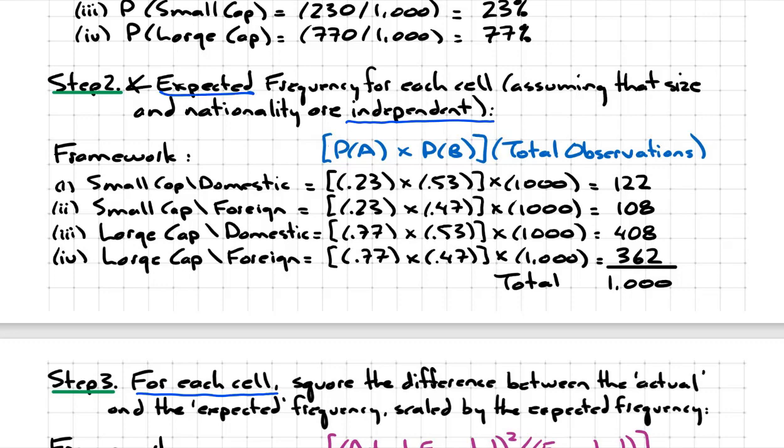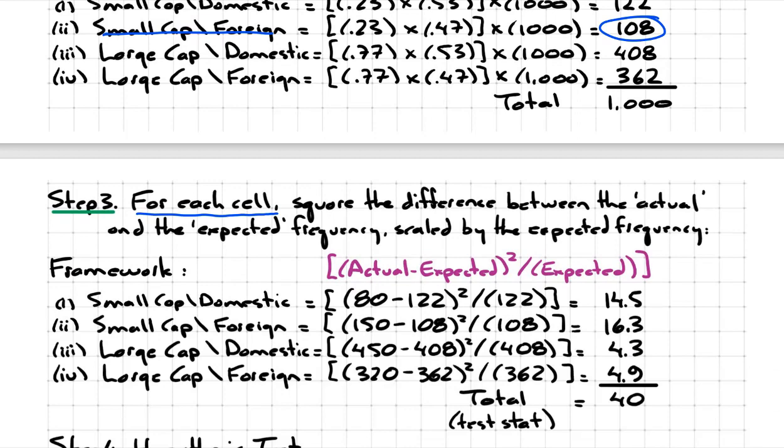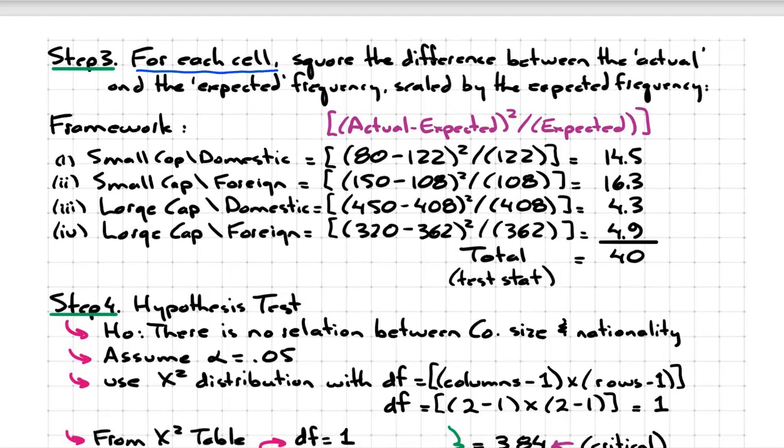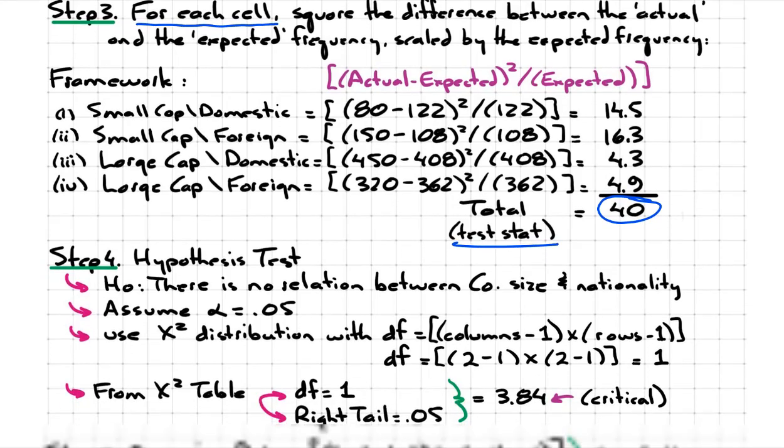And what was the expected for small cap foreign? 108. So you put those 2 numbers together: 150 minus 108, square, and we divide it by the expected number for that cell. So then we get 16.43. We do this for each cell, and then we add them all up, we get 40. So this would be our test statistic.